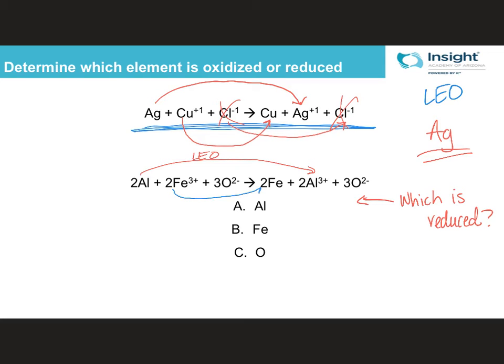Iron is going from positive to neutral, right? So if it's losing some positive charge, or it's being canceled out by negatives, that's gaining electrons. And then you can also confirm that it's definitely not oxygen because oxygen doesn't change. So B, iron, is the one that's being reduced.